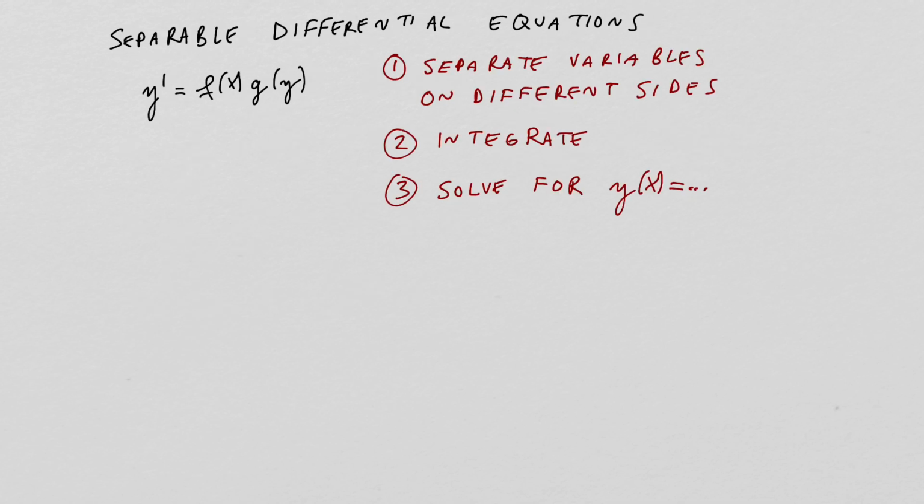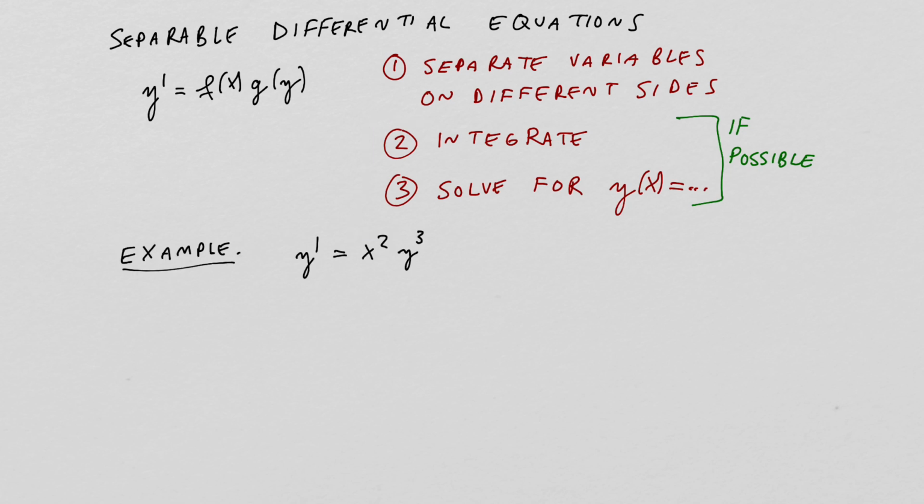So we will separate the variables on different sides, then we will integrate, and then we will solve for the function y. If the functions are difficult, perhaps we cannot integrate or cannot solve for y.